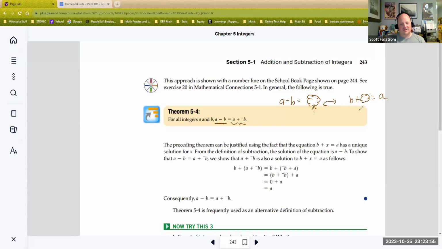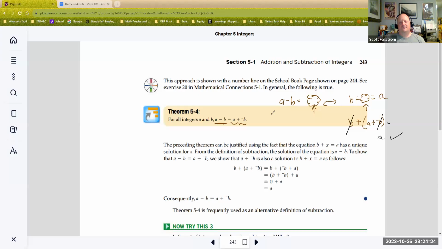So now I'm going to check that. Let's do b plus a plus the opposite of b, and use the commutative property and associative property, because the b and negative b go away with the commutativity. And what does that leave me with? It equals a. And that's exactly what we were trying to show.